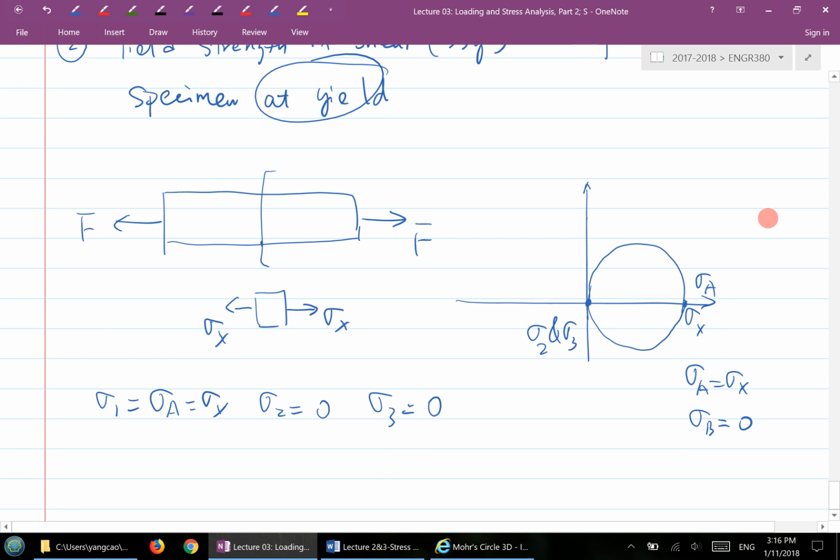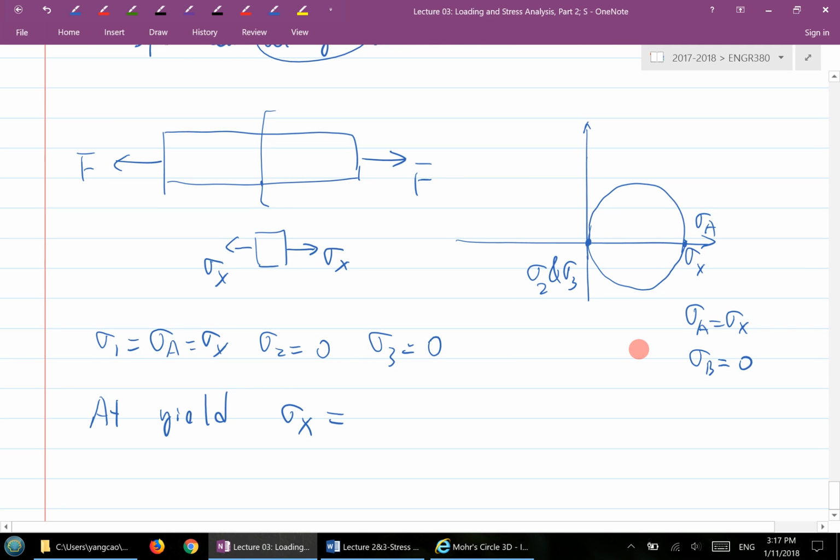So when the tensile specimen starts to yield, what is the value of sigma x? At yield, what's the sigma x value? At the moment just about to yield, the sigma x has to equal what? No. When the bar is just about to yield, not SSY, yield strength, SYT, right?